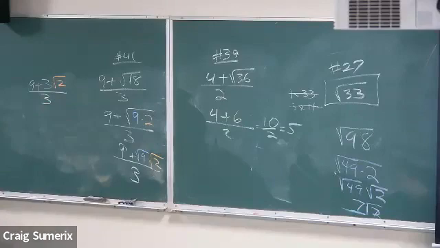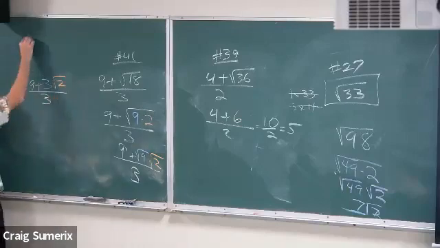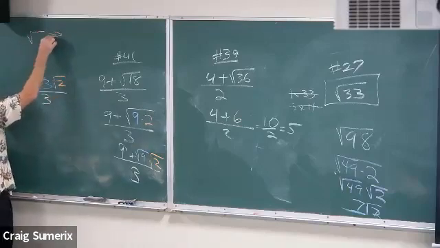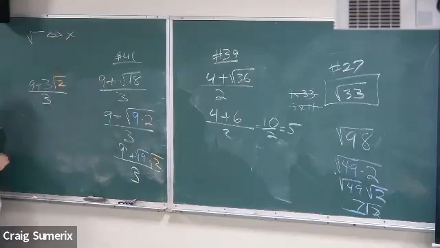So are we done? 9 plus 3 times the square root of 2 all over 3. Are we done? Why not, Jeremy? Keep in mind, like I mentioned a minute ago, we can treat these much like we would variables.